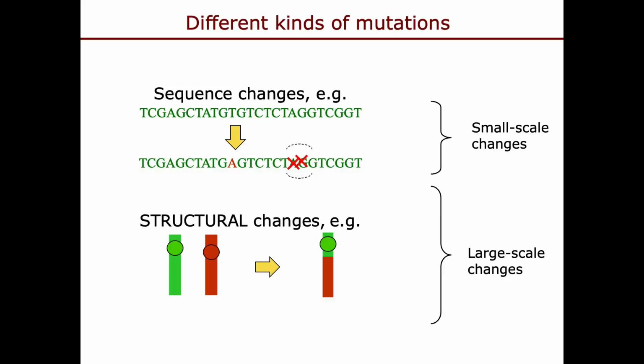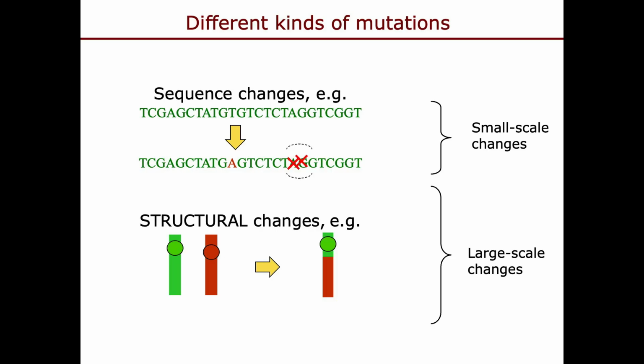So we need to distinguish mutations that occur at the sequence level, at the level of 1 or 2 base changes or a few base changes, which can either be a change in the bases or the insertion or deletion of bases, but are on a very small scale. And generally speaking, we set the scale limit at 50 or 100 base pairs. So mutations that affect less than 50 or 100 base pairs would be considered small mutations.